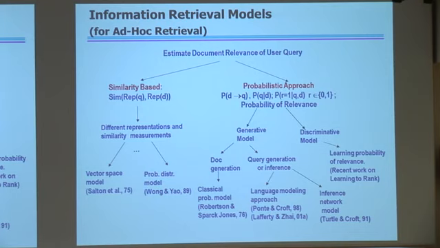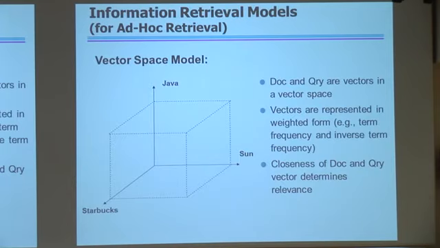So I would like to elaborate a little bit on these three approaches: the vector space model, the generative language modeling approach, and also the discriminative learning to rank approach. So first of all, the vector space model. As I mentioned, we would like to represent the user query and available documents, or web pages in this case, in a unified vector space.